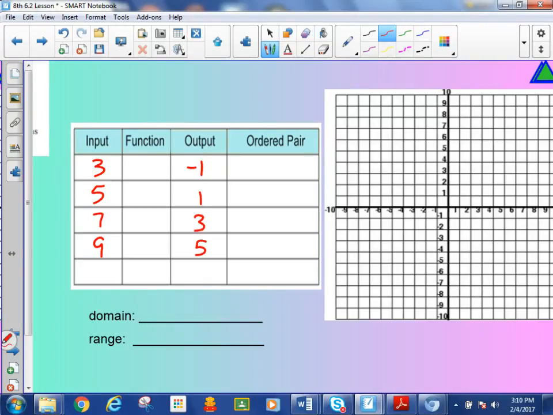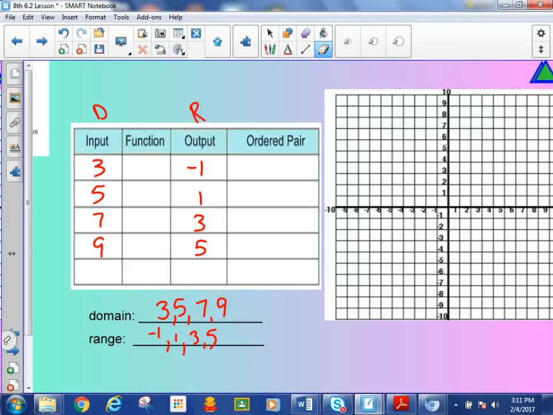I want you to go through and identify the domain and the range in those sets there. So our domain, our inputs, these are our domains, these are our ranges. So 3, 5, 7, and 9. And our ranges are our outputs, so -1, 1, 3, and 5.